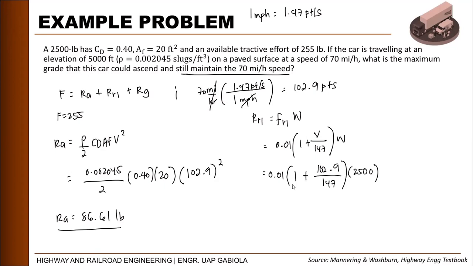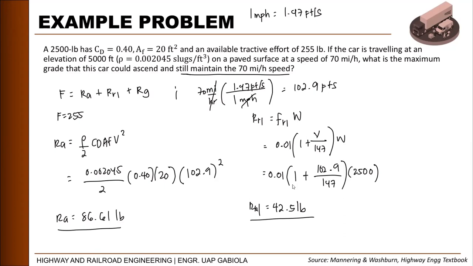Okay, so 0.01 times 1 plus 102.9 all over 147 times 2,500. So we have 42.5 pounds RRL. Okay?